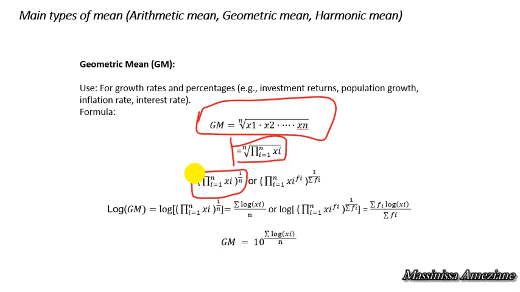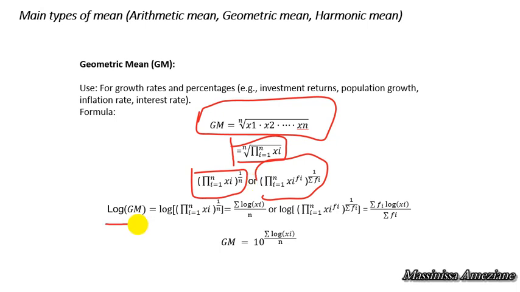In case you have organized data, which means you have frequencies, you use this one, which is the product of xi to the power fi, and the result to the power 1 divided by the sum of frequencies. I will give you another formula which is useful when you have large numbers. You take the logarithm of GM.